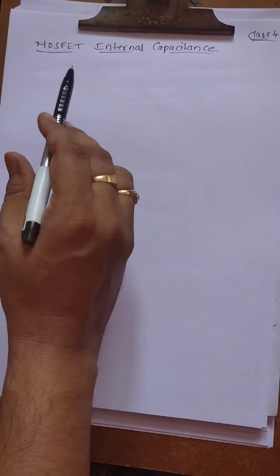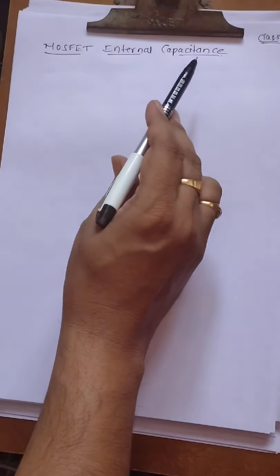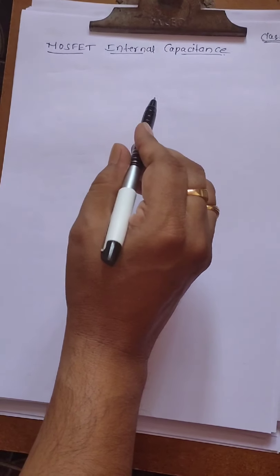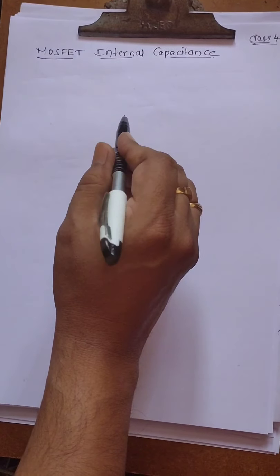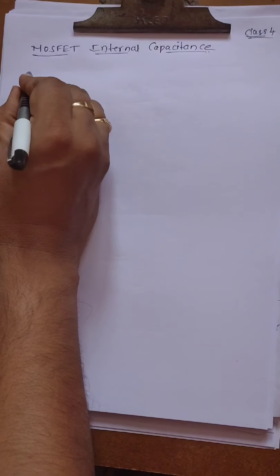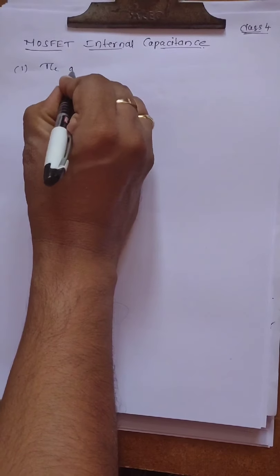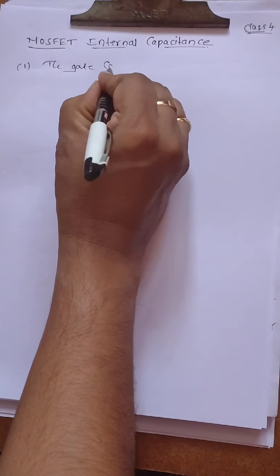In today's class, we are going to study MOSFET internal capacitance. There are basically two types of internal capacitance in the MOSFET. The first one is the gate capacitive effect.